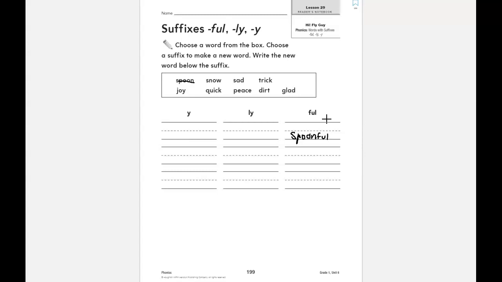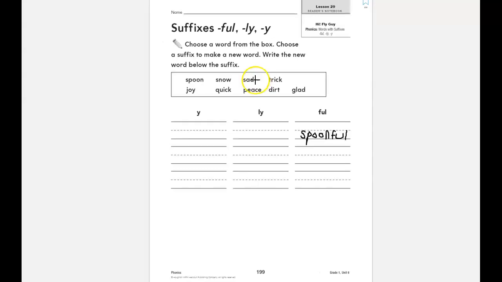Write the word and the suffix ending together in the blank. For our next word, sad, what suffix ending would you add? E, ly, full. Write the word sad with its new ending underneath the right column to make a new word.